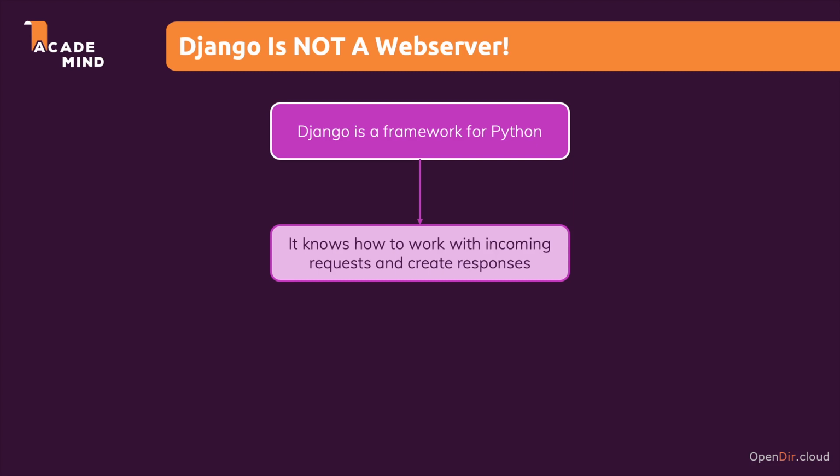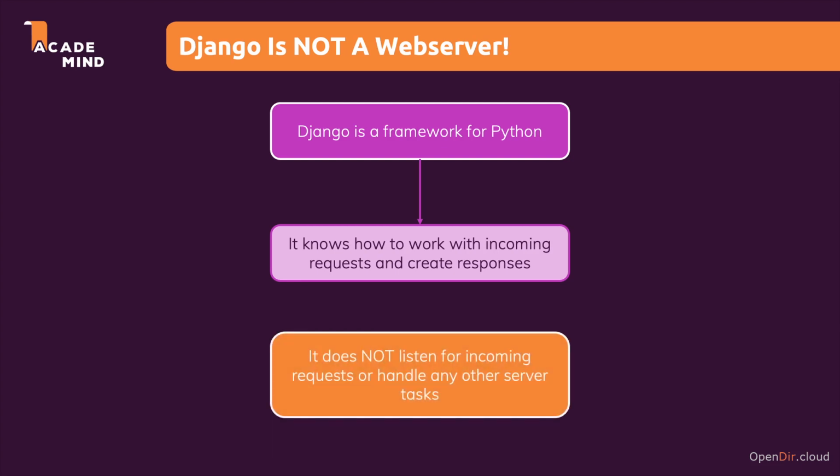But there's one thing Django is not about, and that is listening for incoming requests, managing the network connection itself. So Django is not the web server itself, the software that really exposes your computer to the internet and that really handles those incoming network traffic packets. That is not Django. For that, you will need a separate server instead.